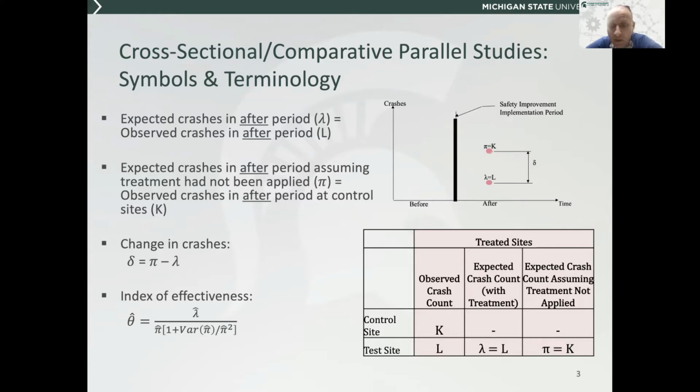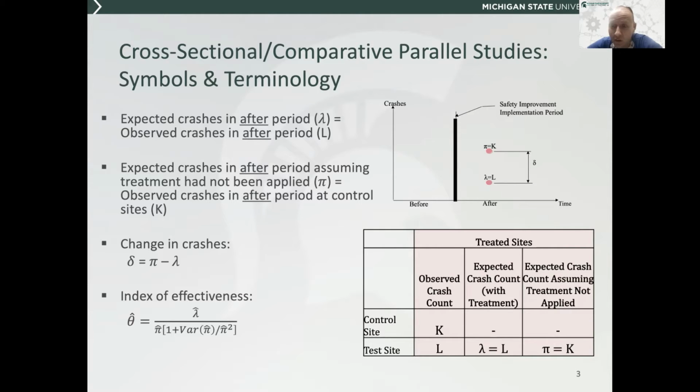Now, if the treatment had not been applied, since we don't have before period data for these same locations, we instead are going to use the variable K here, which is just the count of crashes that occurred during that after period at the control site where the treatment had not been implemented.